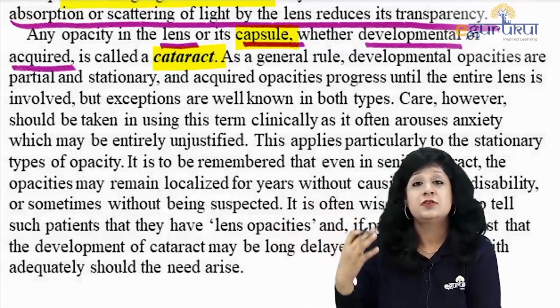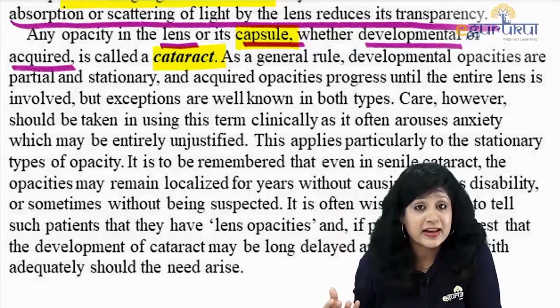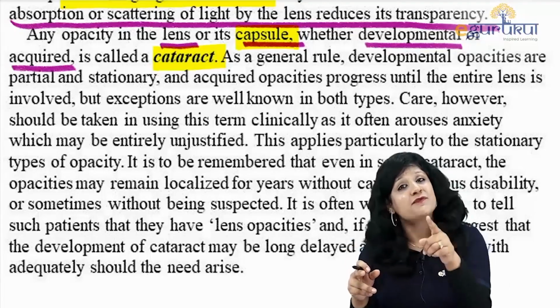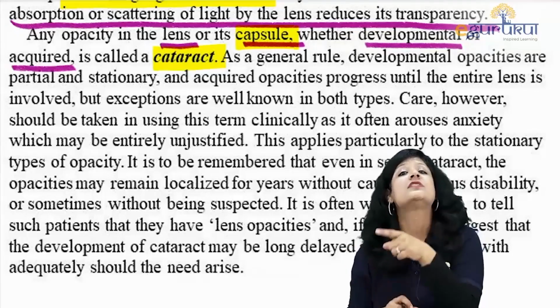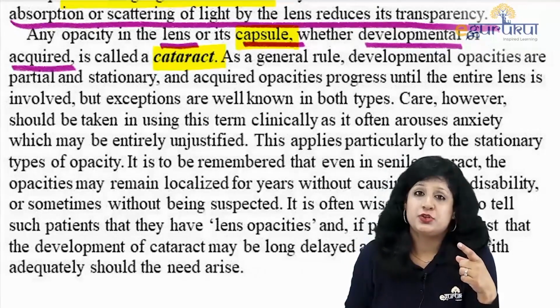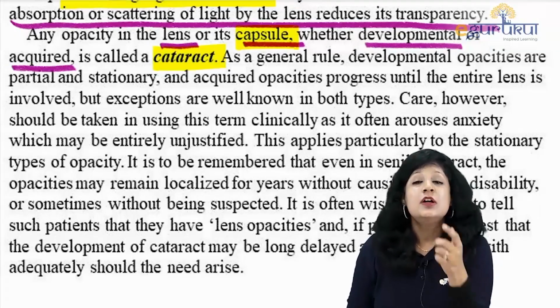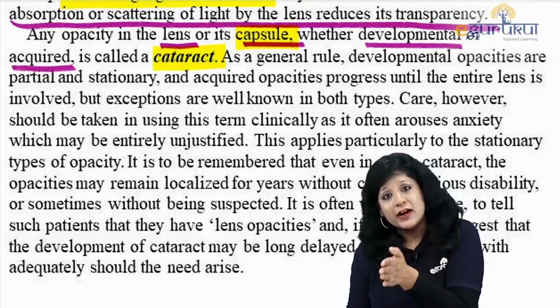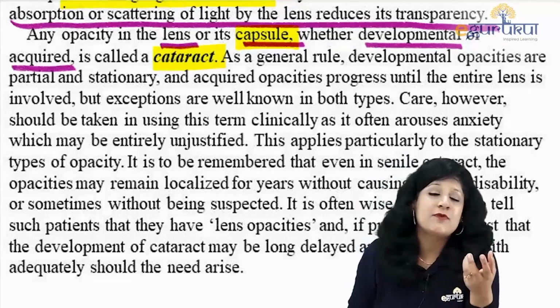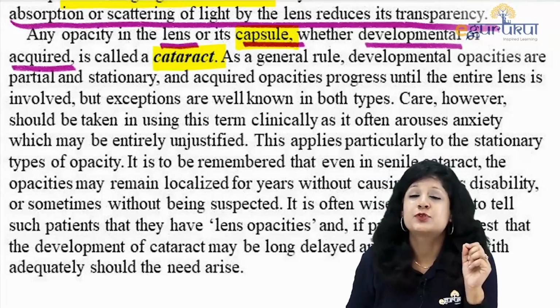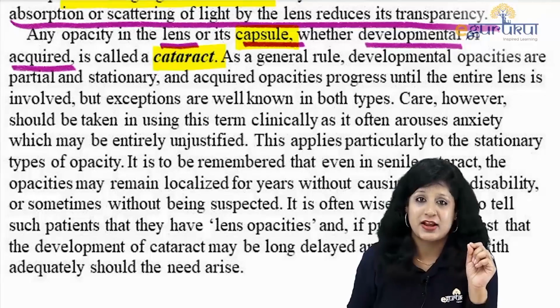But do you really realize that opacification in the capsule is also a cataract? The capsule is also a part of the lens, and if you have some opacification in the capsule, it is very well a cataract only, right?